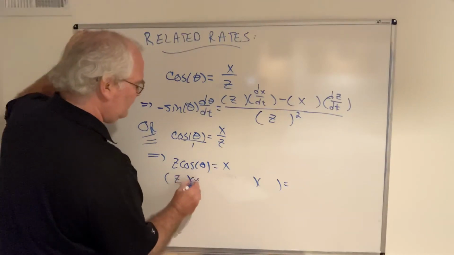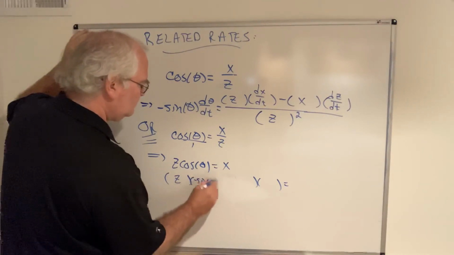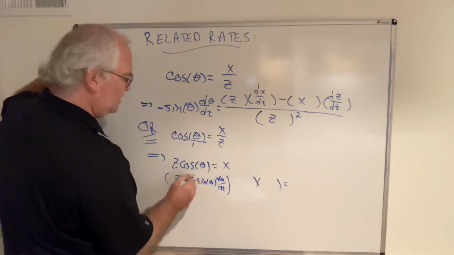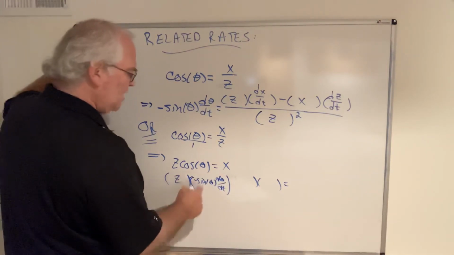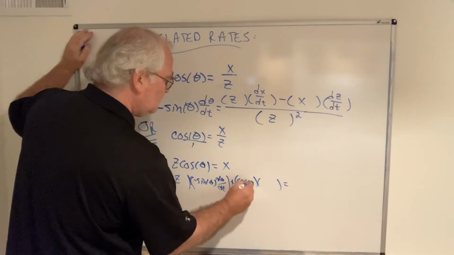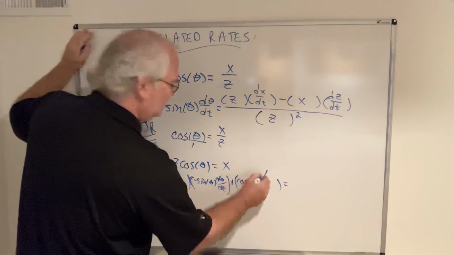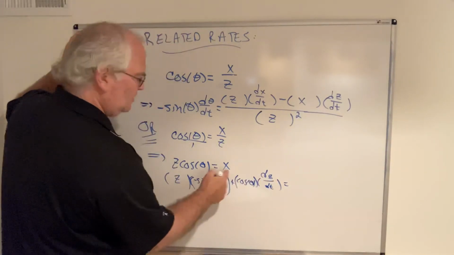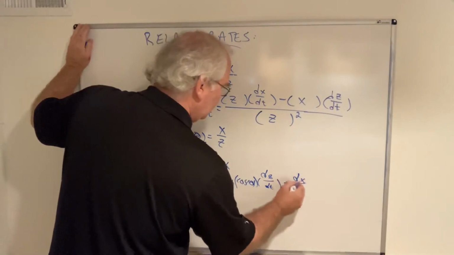First times derivative of the second. Anytime you do a derivative of a variable, you need that differential. First times derivative of the second plus second times derivative of the first is equal to the derivative on this side, dx dt.